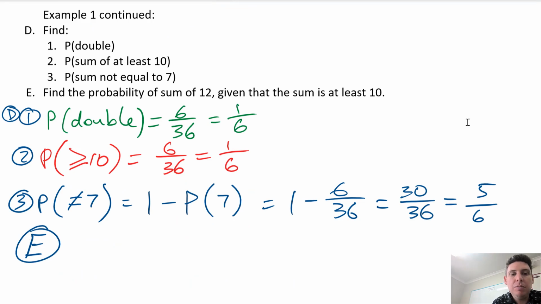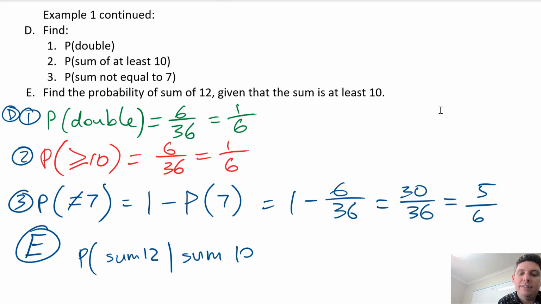E. Probability of the sum of 12 given that the sum is at least 10. So we're looking at just 10 or more. So from 10 or more, what's the probability of 12?